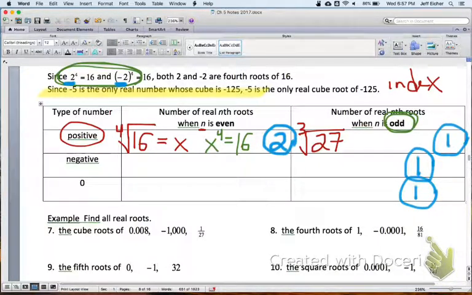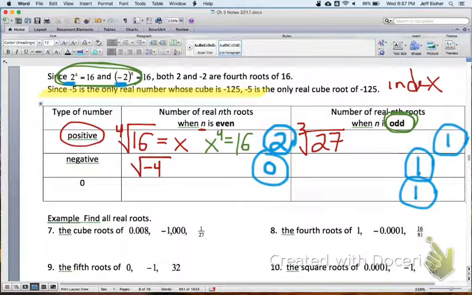For the next one, what if the number is negative? That would be just like saying, what if we do a square root of a negative number, like -4? How many real nth roots are there? Well, there won't be any because the square root of -4 is i, the imaginary unit. So this has no solutions.